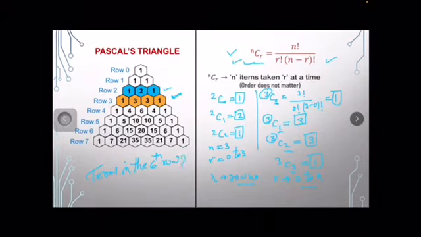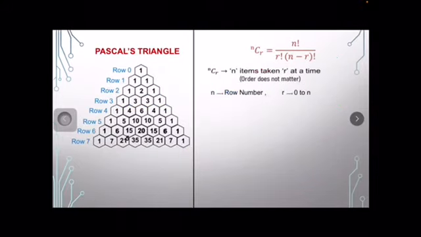Here in the sixth row, we need to calculate what is our n. n is 6, and what is our r? r is 0 to 6, because our n is 6. So when we put n equal to 6 and r equal to 0 to 6 in the combinations, we can get the values of the sixth row of Pascal's triangle.